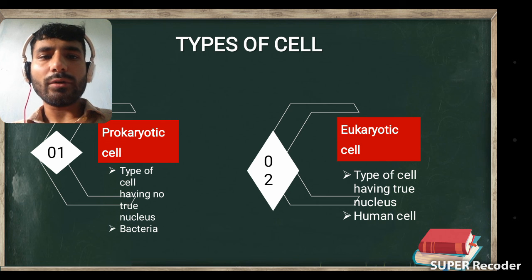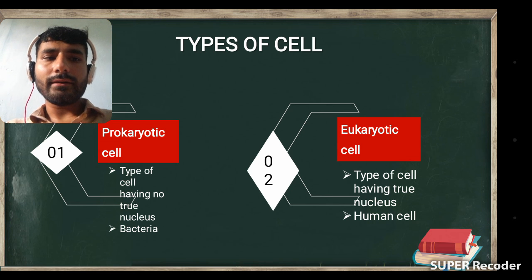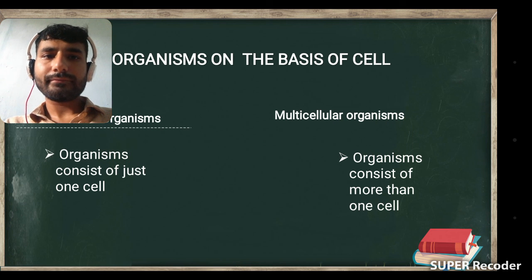The best examples are bacteria and archaea. On the other hand, the eukaryotic cell is that type of cell in which a true nucleus is present. The best examples are human cells and other animal cells.